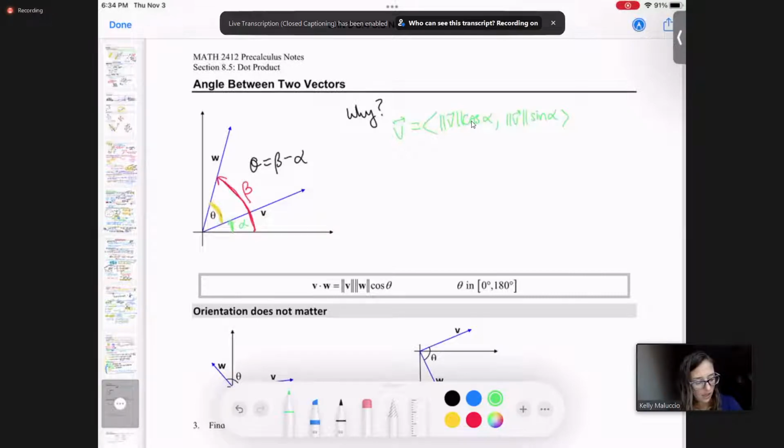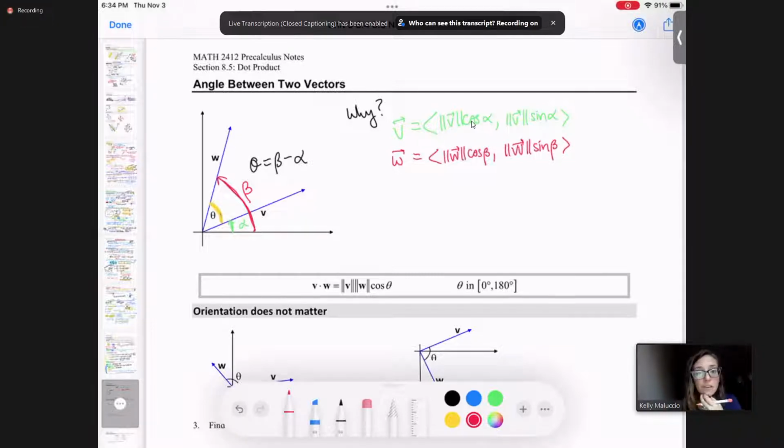Then w would be the magnitude of w times cosine of beta, and the magnitude of w times sine of beta.